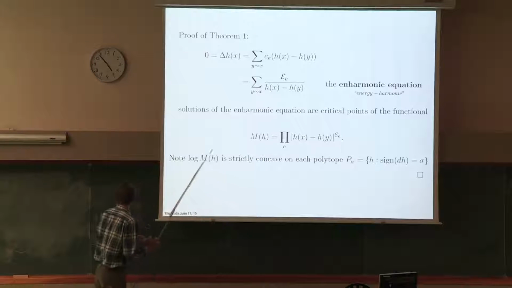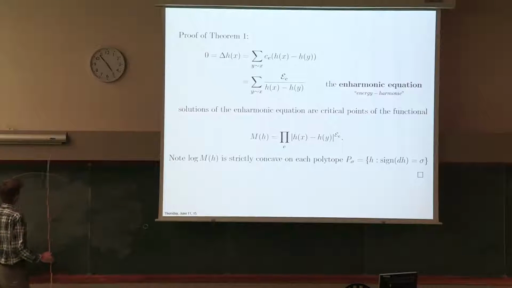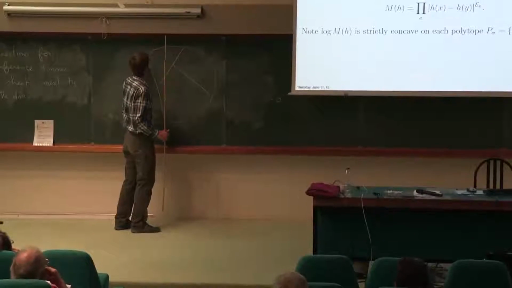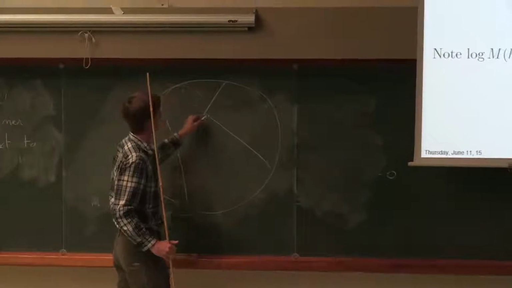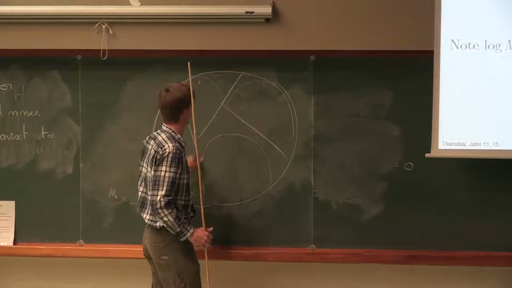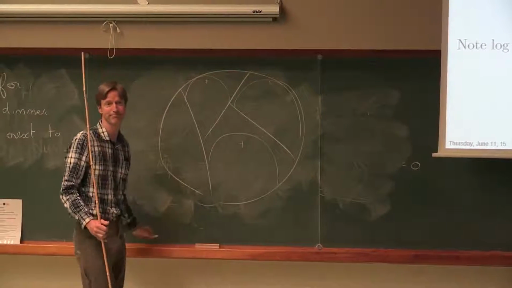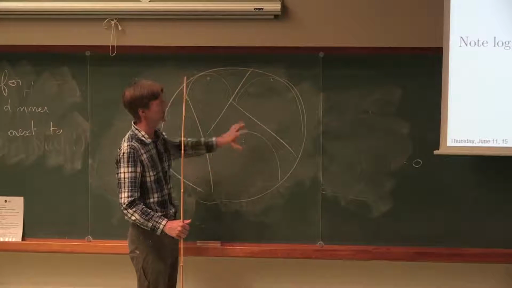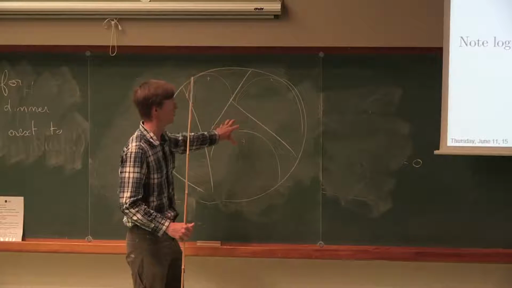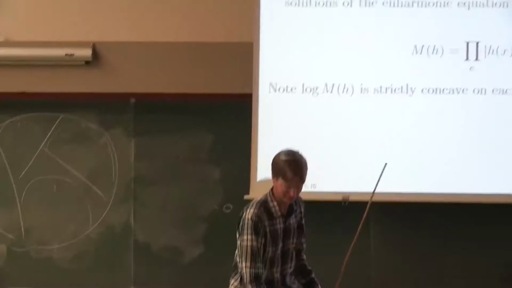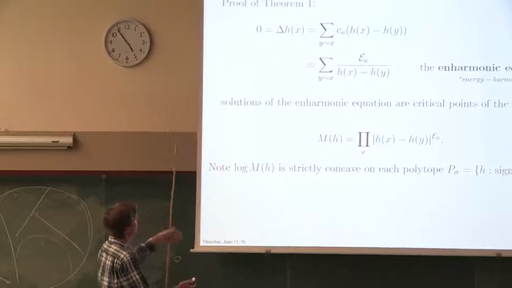Your space of all functions is divided into these polytopes, and on each polytope, this function M is concave and goes to minus infinity on the boundary, therefore it has a unique maximum. So there's one maximum on each cell of this decomposition of the space of all functions, and each cell corresponds to a different orientation. Maybe I should have put an extra line in there, but the proof really just fits on one slide.